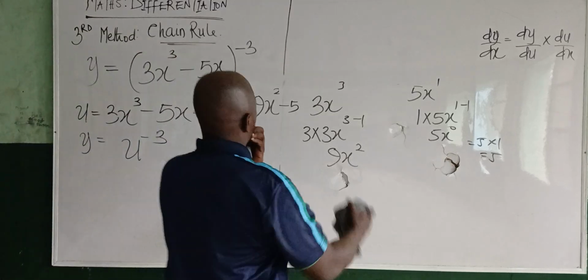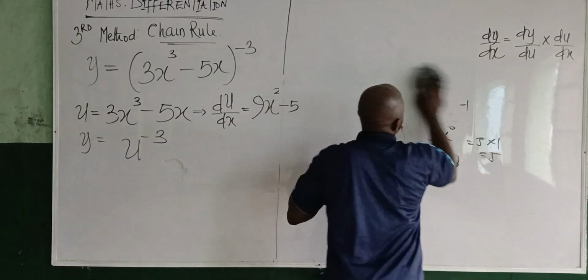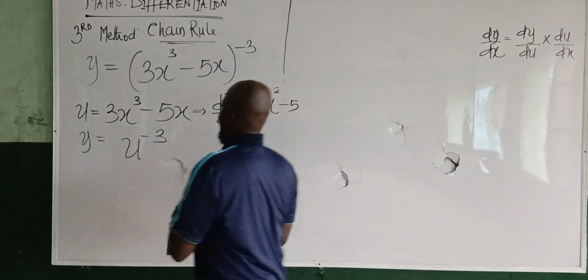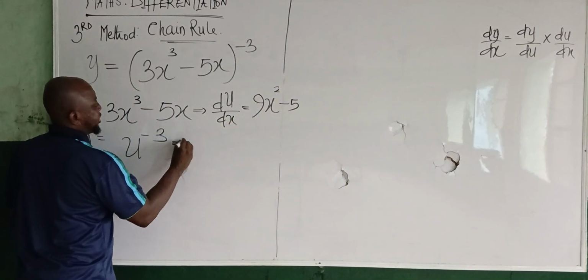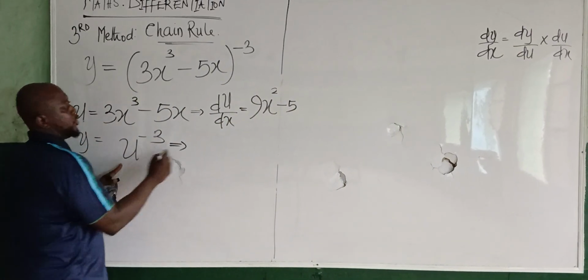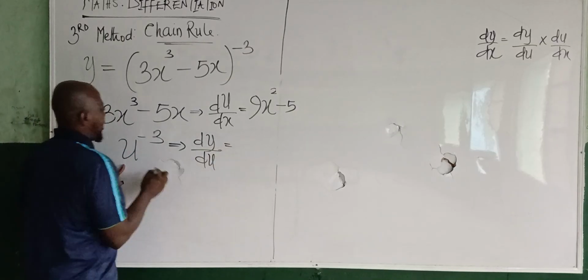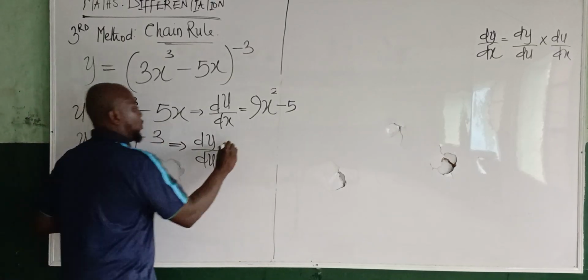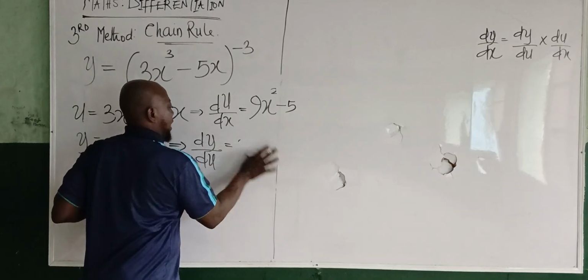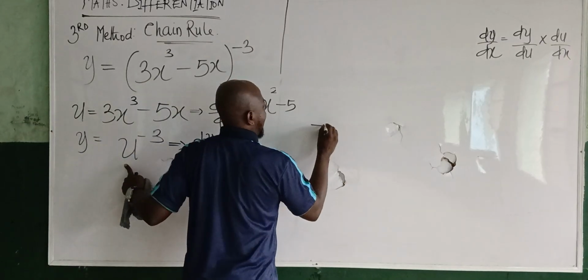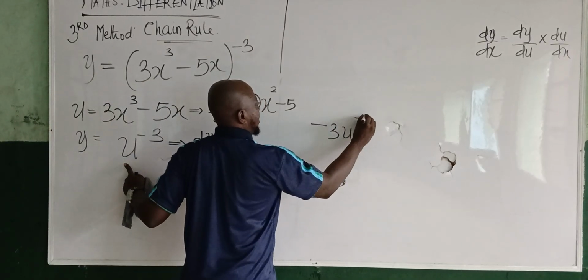Next up, what do we do now? We would take this one off here, and then we are going to differentiate y with respect to u. So I'll put the y first, and then u next. Then that will give us minus 3 times all this one. Let's differentiate it here.